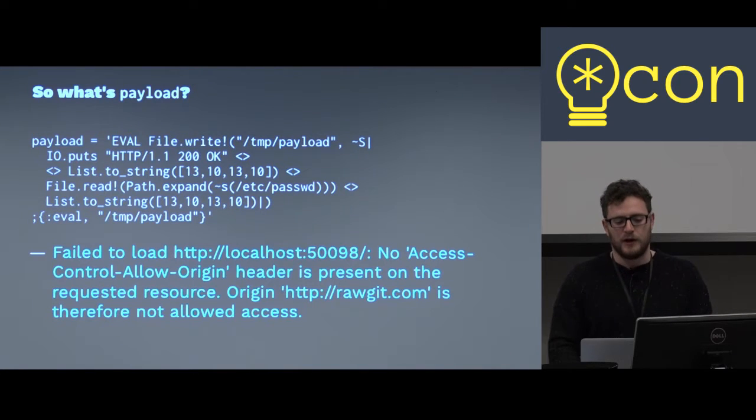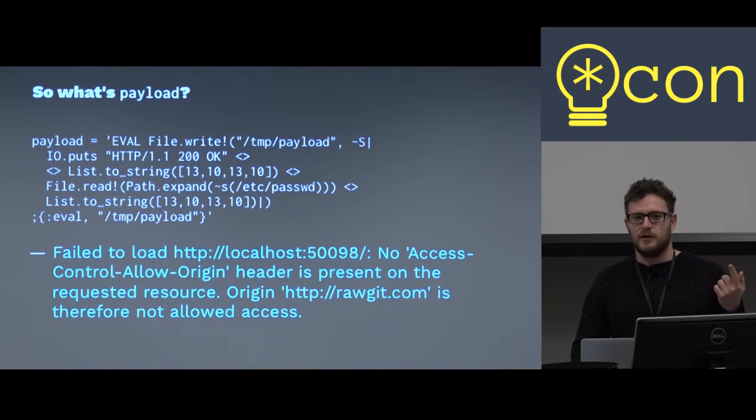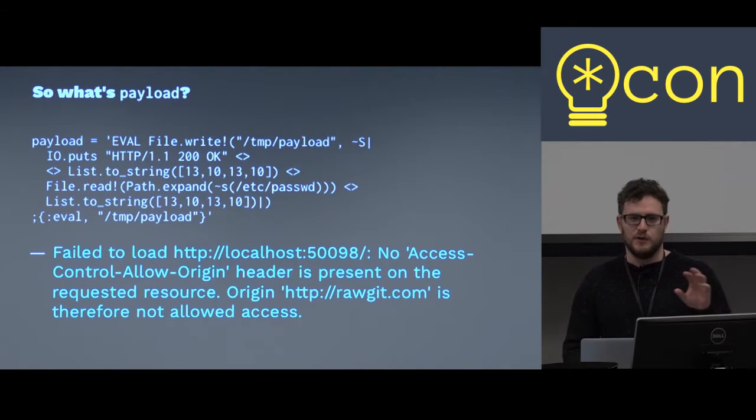It actually won't work because when you run this in a browser, you're going to get a cross-origin resource sharing error. So browsers are good at protecting you against this sort of thing, and the way that they do it is that you're not allowed to render responses from servers that don't allow you to access them.